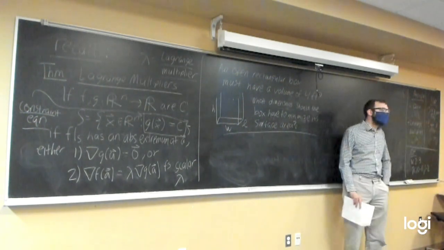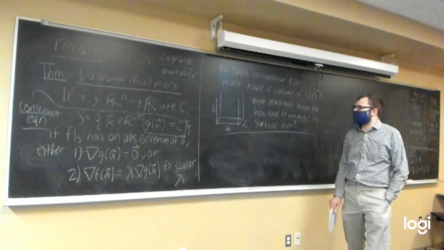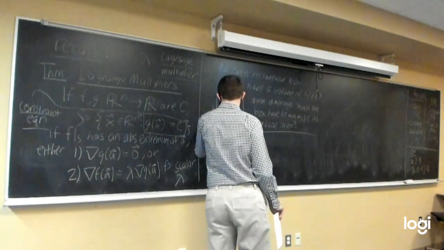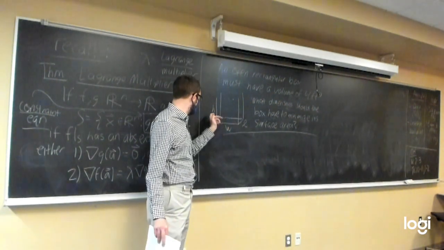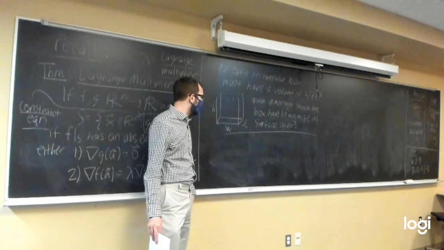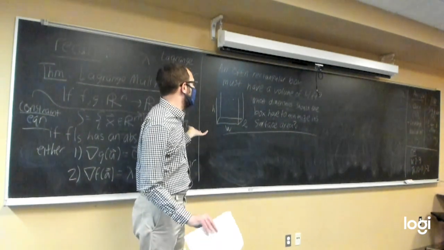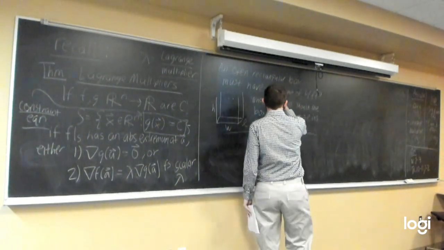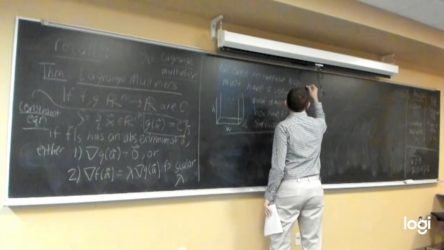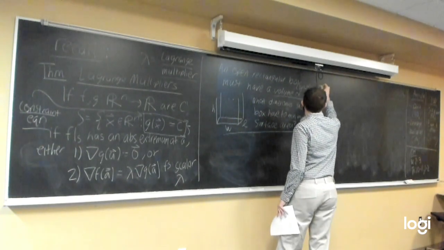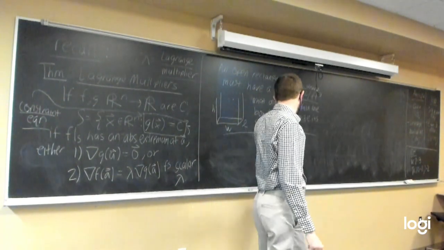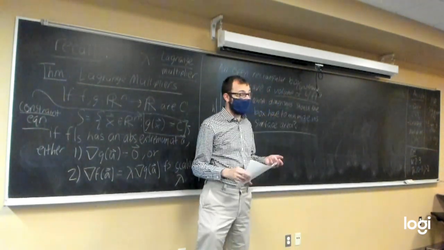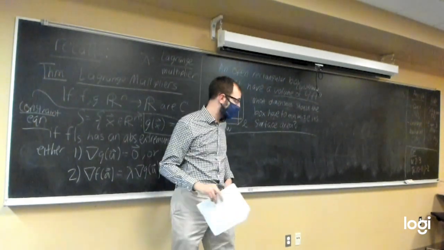And so, if we look at this, we have these 3 variables that correspond to the dimensions of the box: height, width, and length. We're given a constraint, the fact that the box needs to have a volume of 4 cubic feet. And we're asked to minimize something, namely the surface area of the box.